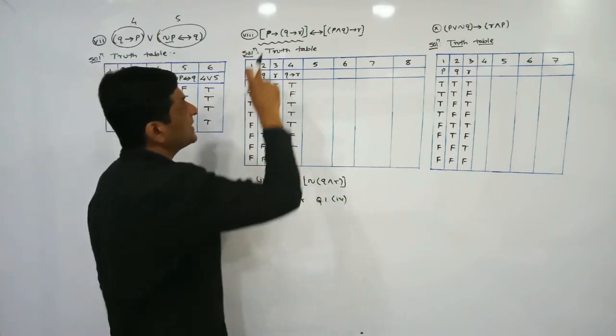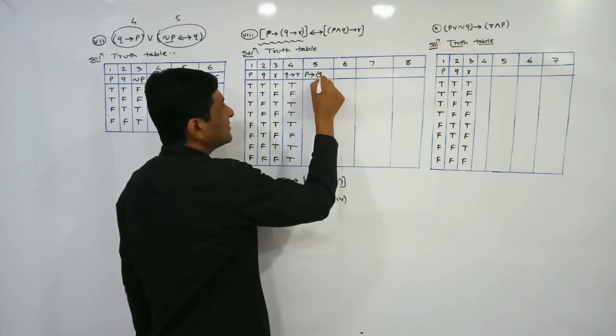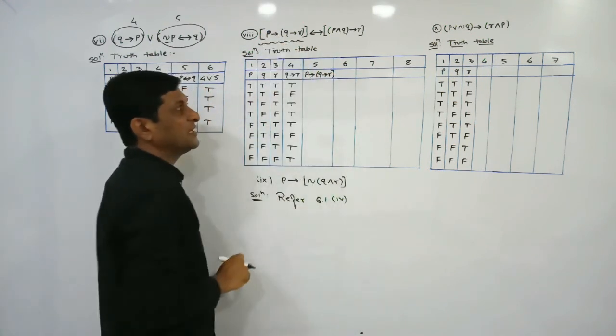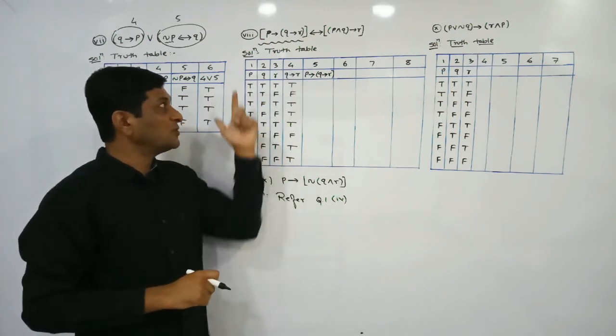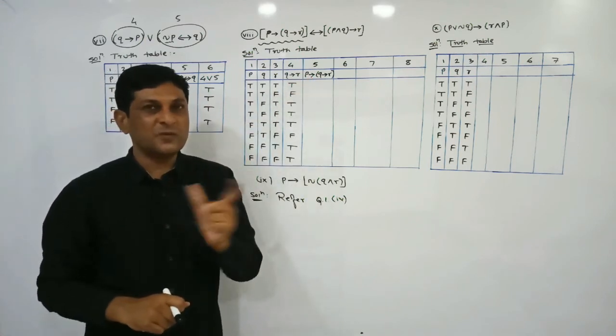Now we are connecting these two statements, means P and Q implies R, by implication. So the truth value of P is also known to us and Q implies R is also known to us, means column first and column fourth we are connecting by which logical connective? Implication.